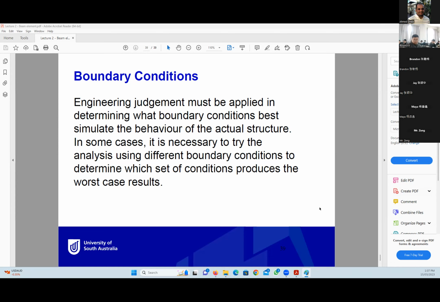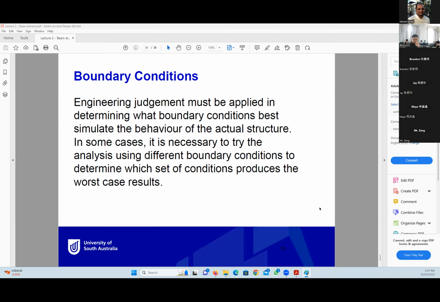In some cases, we need to run the model with different boundary conditions to get the best simulation of the structure. Because in some cases, the real support is a hinge, but when you model it as a hinge in the software, it doesn't give you accurate behavior of the structure. So maybe you need to change the support or remodel it using a different boundary condition.